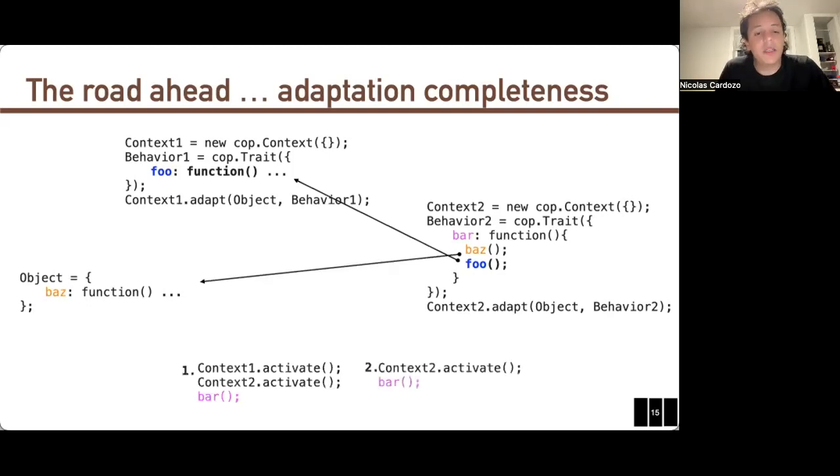However, if in another situation we only activate context 2, then we know that this activation cannot completely finish when we call the bar function. This is because the foo function is missing as it is not activated in the context. So this is the type of analysis that we can reach whenever we are extending our points-to analysis.